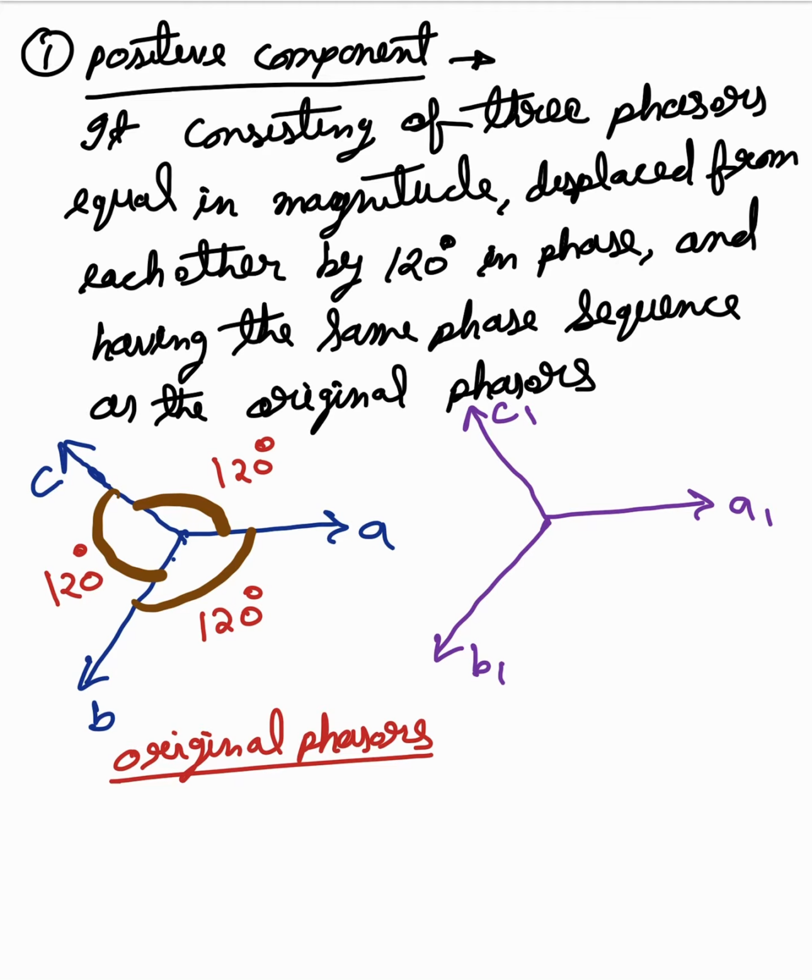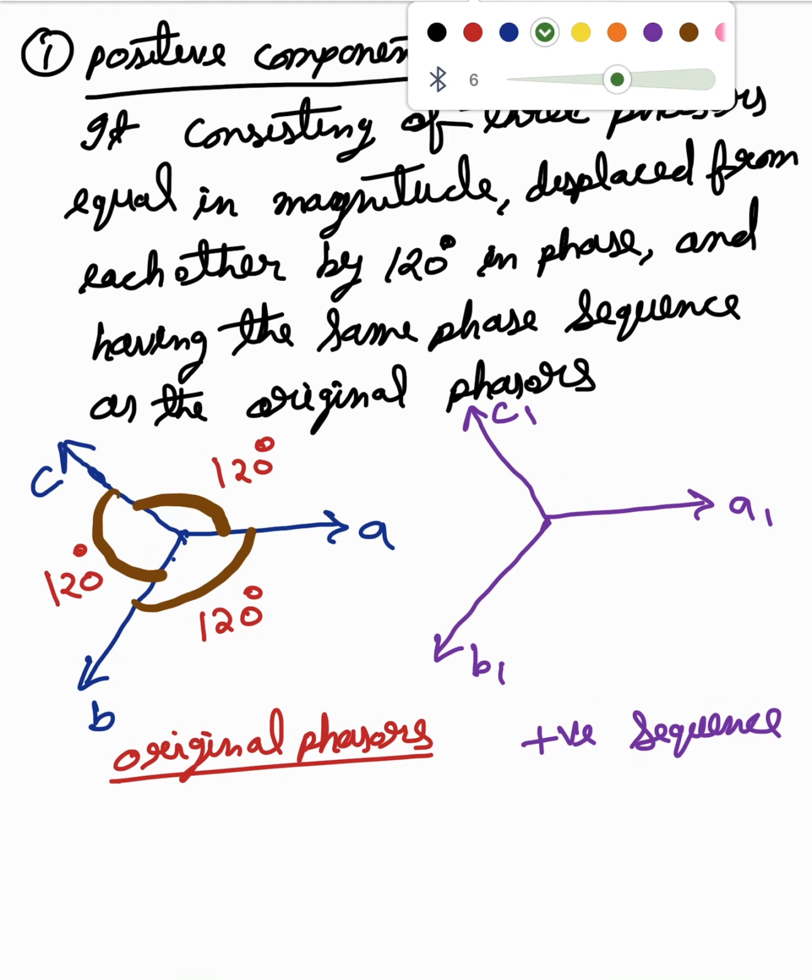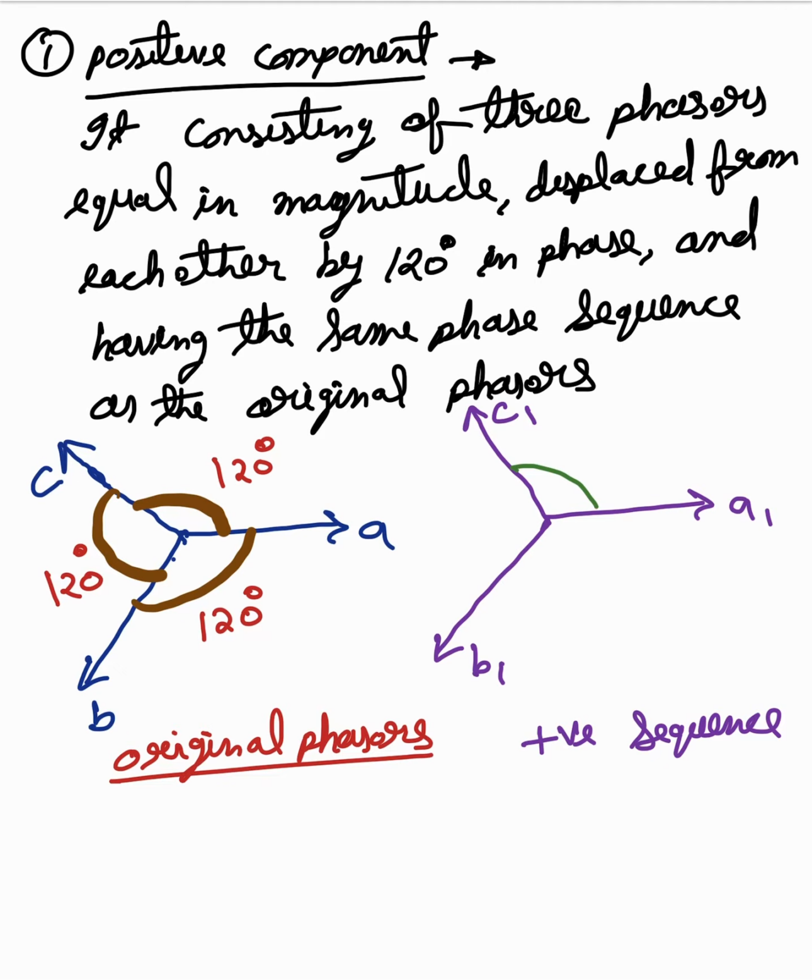This is the positive sequence, and the phase displacement is again 120 degrees, 120 degrees and 120 degrees. You can see it has the same phase sequence as the original phasors. So the positive sequence and the original phasors have the same phase sequence.